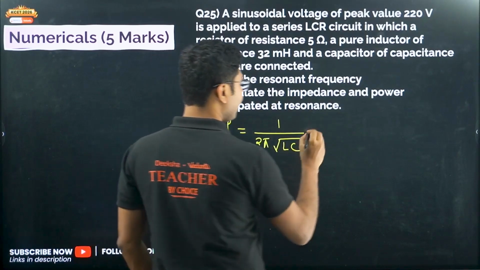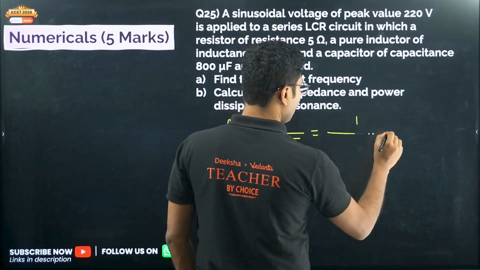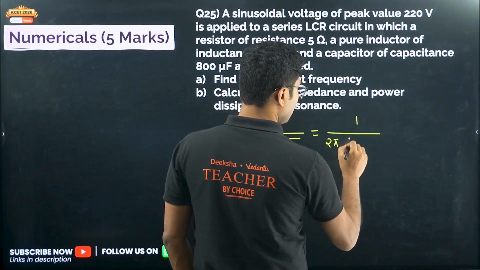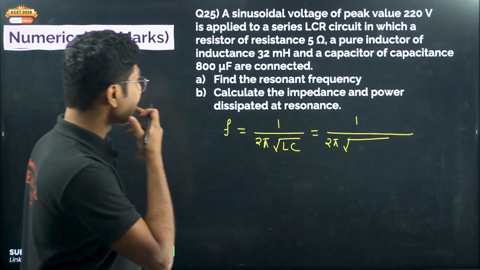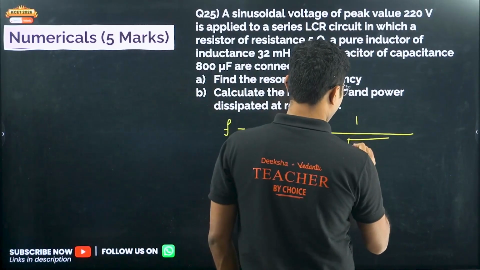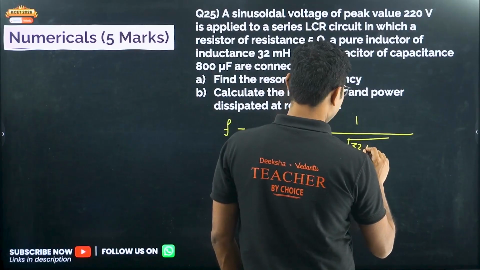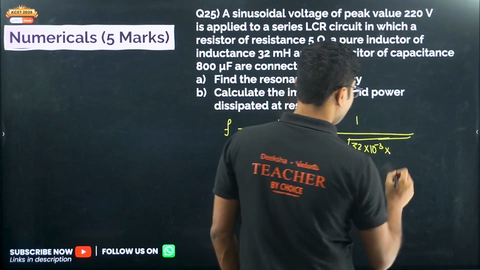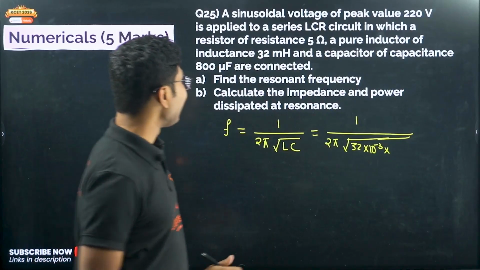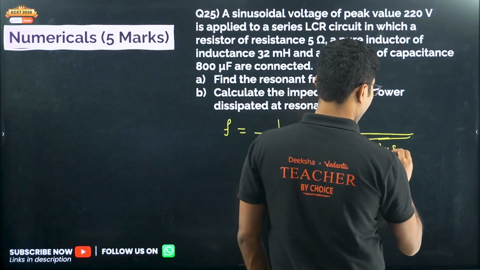So this formula we are going to use: 1 by 2 pi square root of, what is the value of inductance? Inductance is 32 millihenry. And what is the value of capacitance? 800 microfarad.